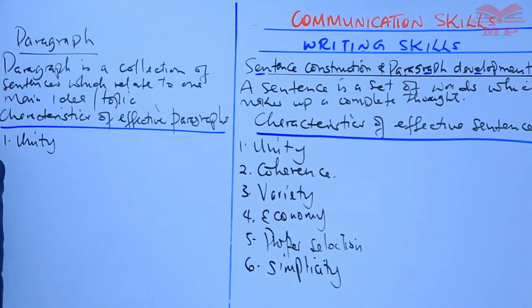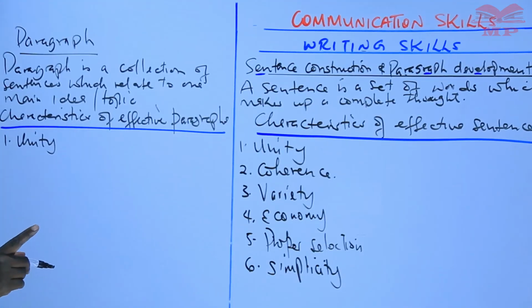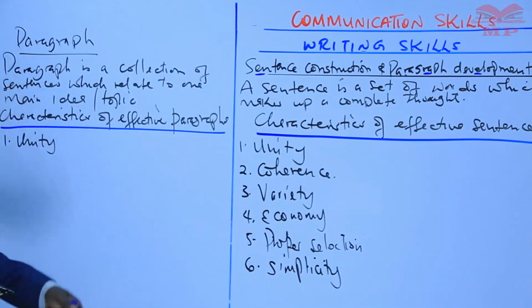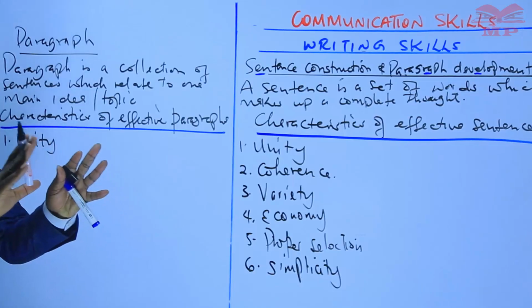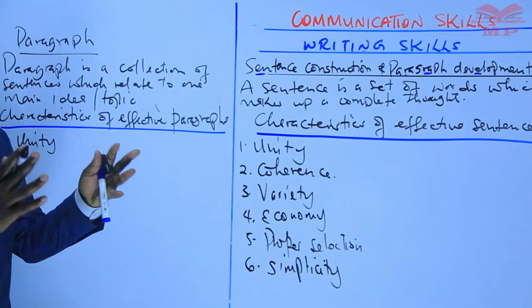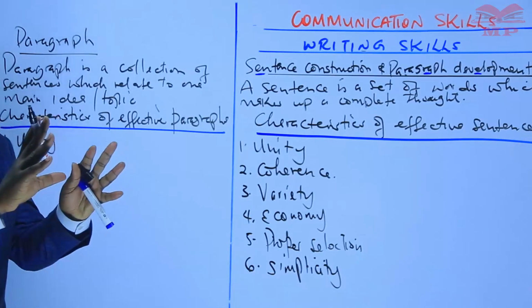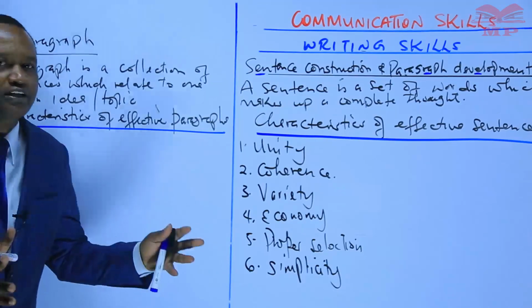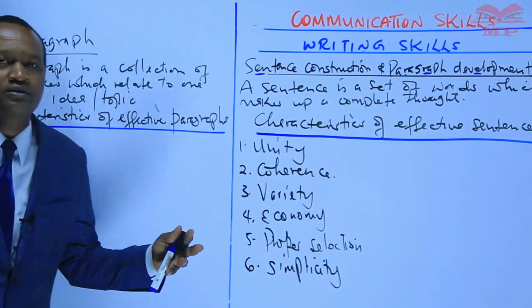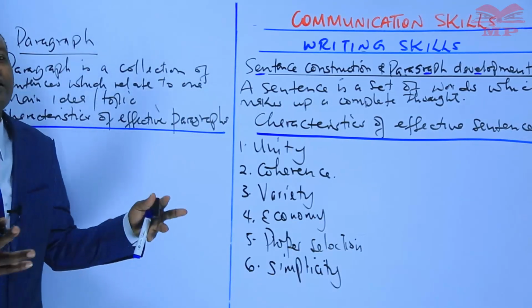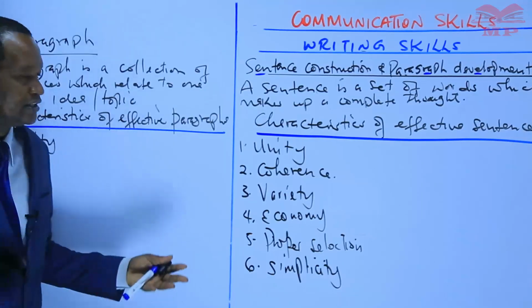Unity. Now, candidates, in the context of a paragraph, unity refers to the extent to which all of the ideas contained within a given paragraph hang together in a way that is easy for the reader to understand.